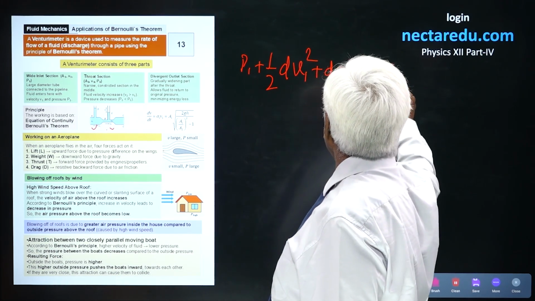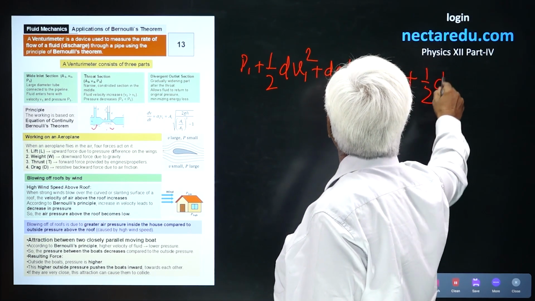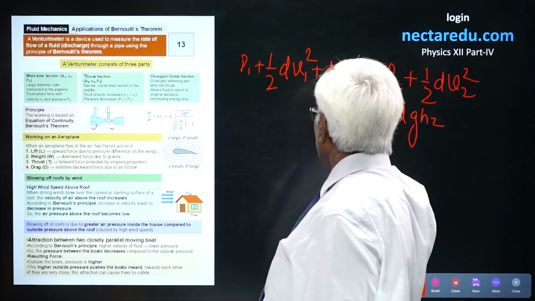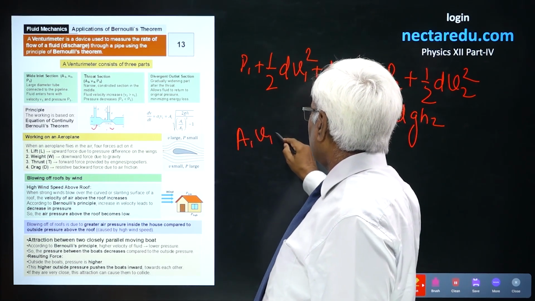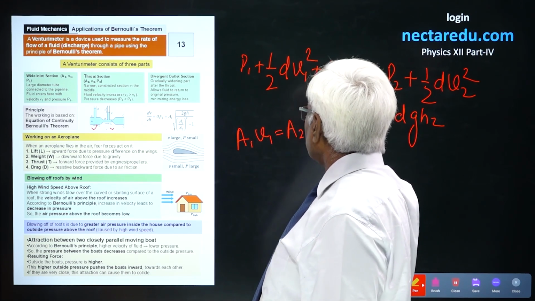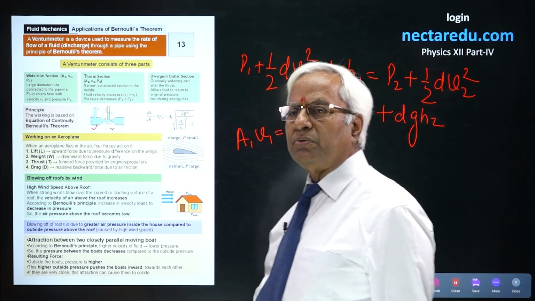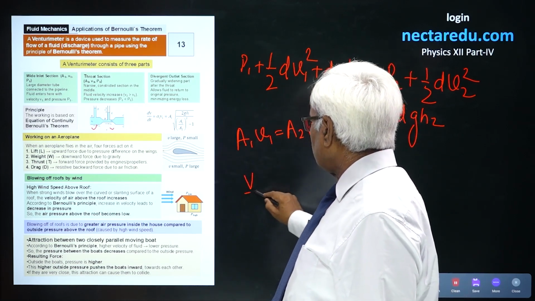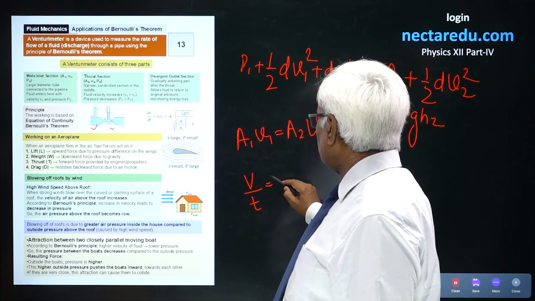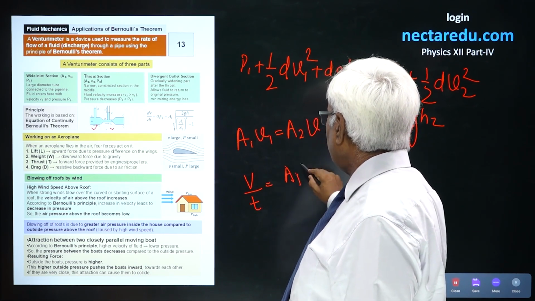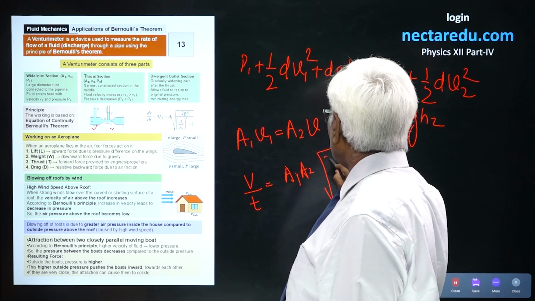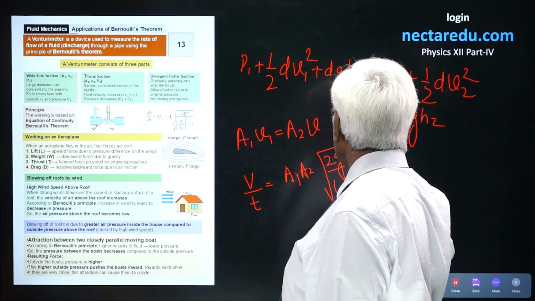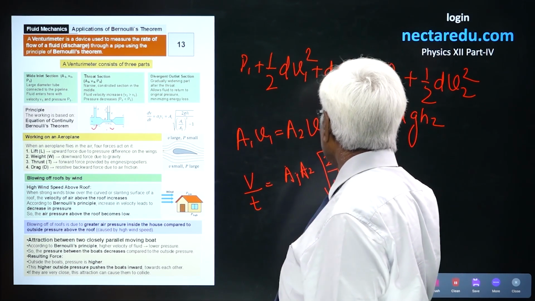Then, with a few steps along with the law of continuity, if you simplify the two, you'll conclude that the rate of flow of volume, that is V upon T, comes out to be A1 A2 root 2gh upon A1 square minus A2 square.